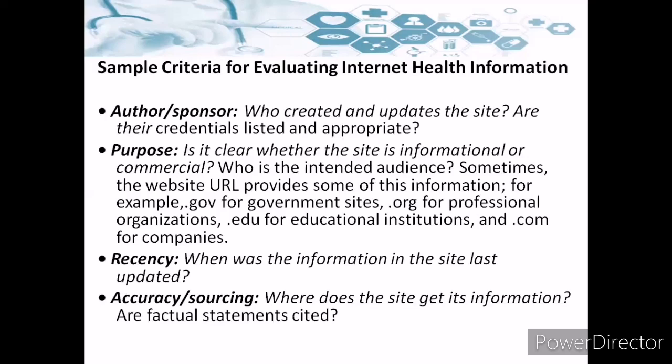So make sure that when you are sourcing or referencing an article, it has factual statements cited or a good author that provides the information. So you have to assess or evaluate this information.